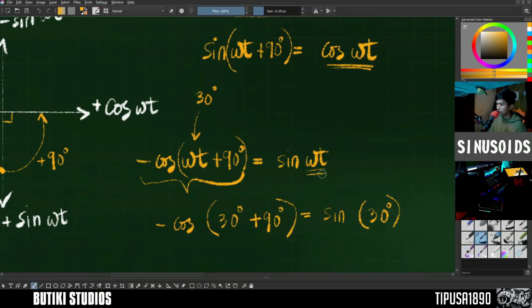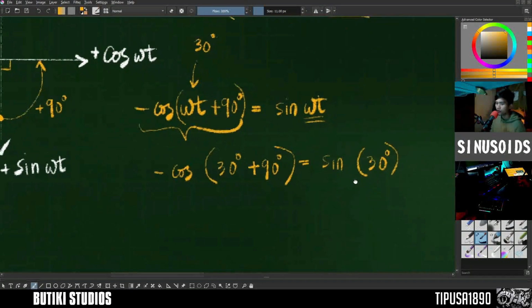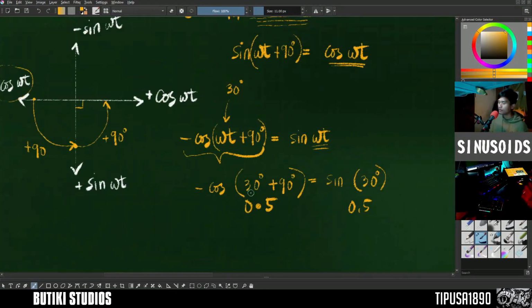Because omega t is 30 degrees man. I-calculator na to, ha. This is just an identity, no? Kanang sine 30 equal ra siya sa negative cosine sa 30 plus 90.